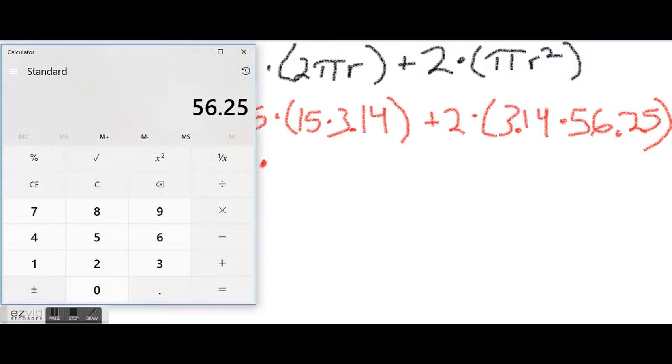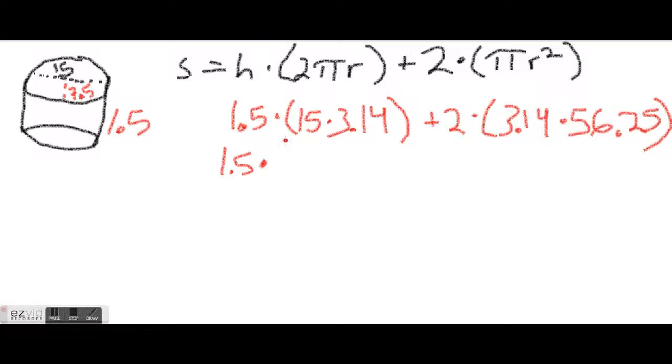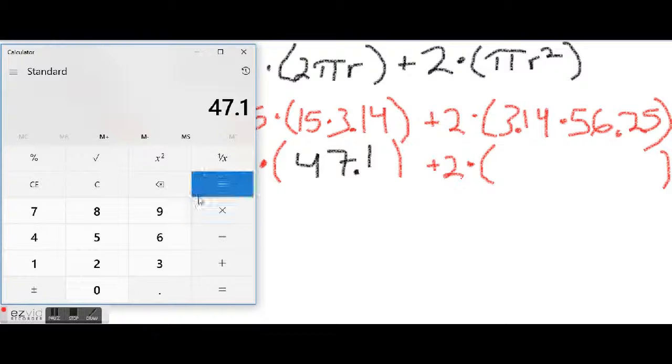I'll put that in a different color. 47.1 plus 2 times, let's do this also in a different color, 3.14 times 56.25. We'll round it to 176.63.